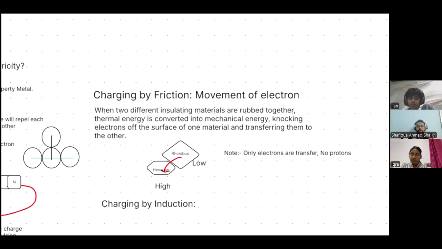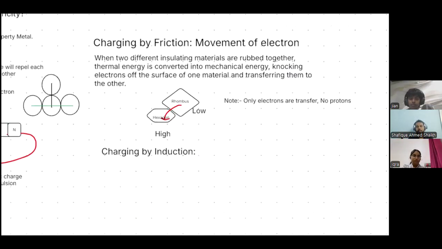Here also, you are going to charge a conductor with a charged body, but there will be no physical touch. Is that clear?